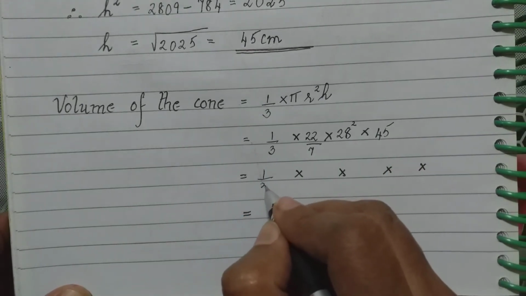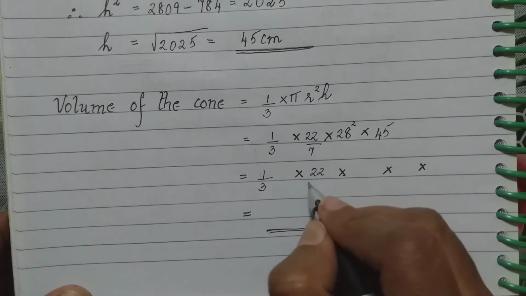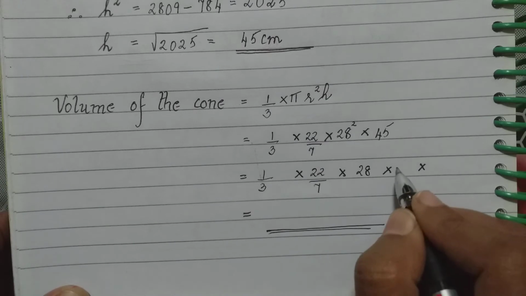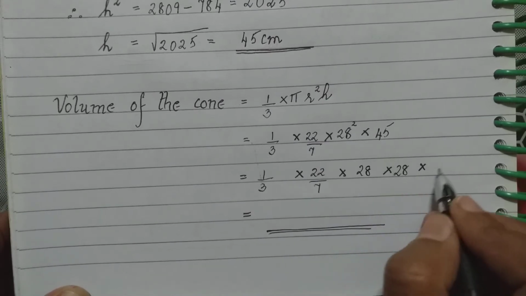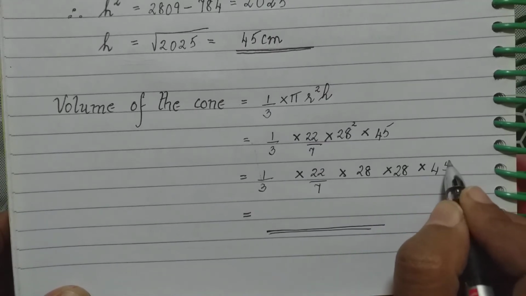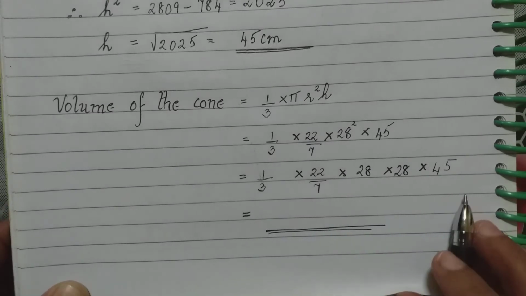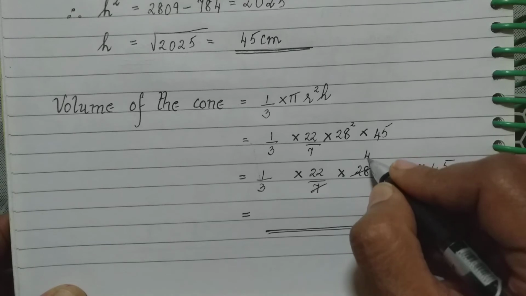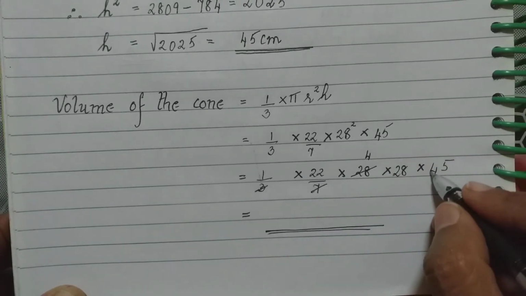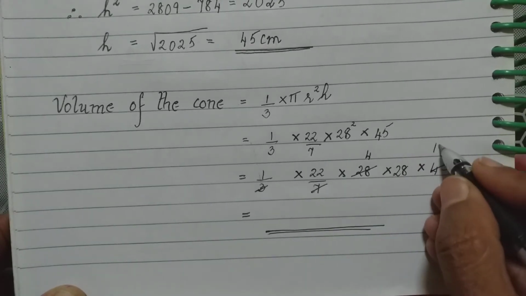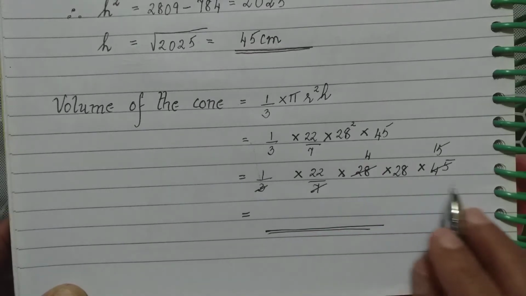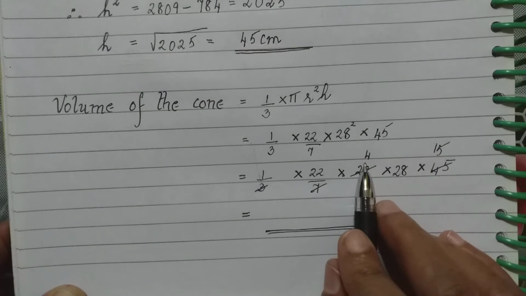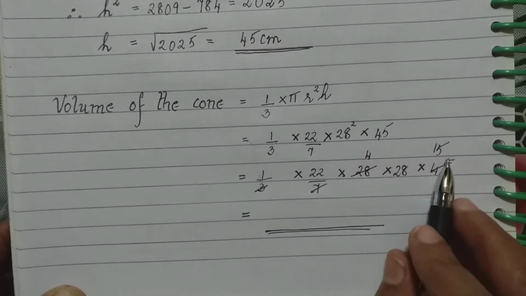1 upon 3 into 22 upon 7 into 28 square is 28 into 28 into 45. So you will simplify this further. 7 goes in 28 4 times. 3 goes in 45 15 times. So now you will multiply all this. What will you multiply? 22 into 4 into 28 into 15.